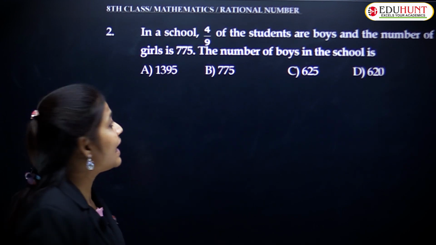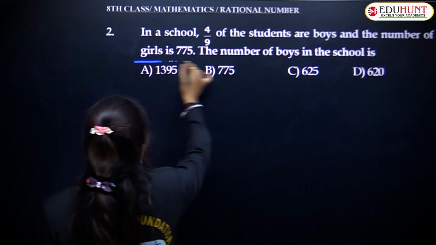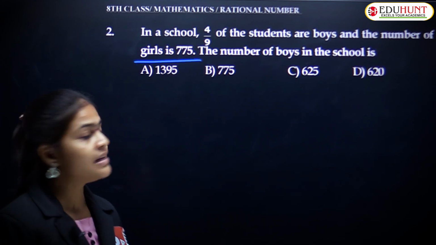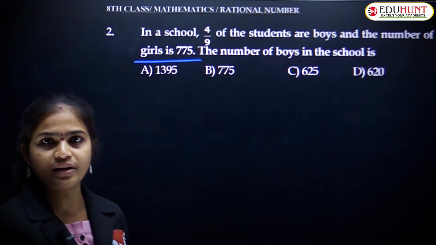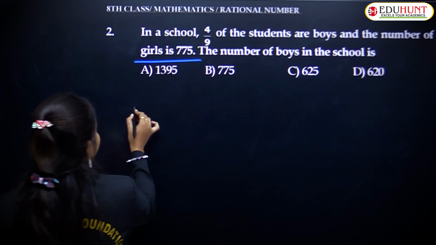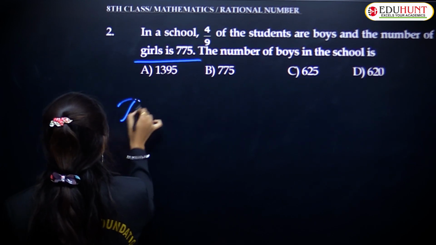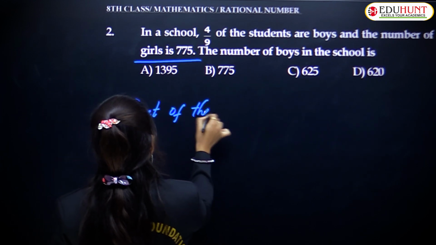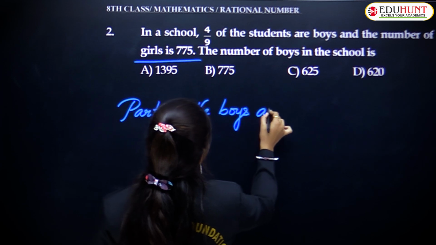4 by 9th part of the students are boys and the number of girls is 775. So all these questions are related to the same model. Okay, once see here, the part of the boys in a school.